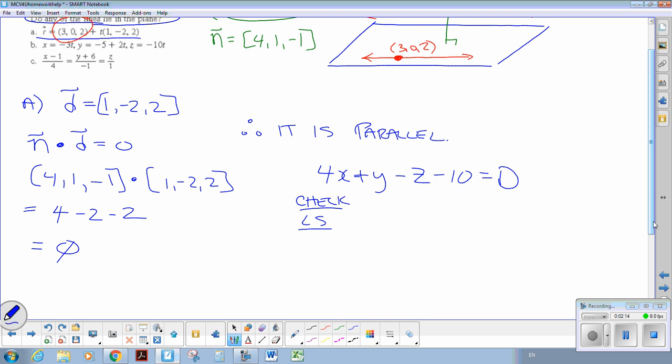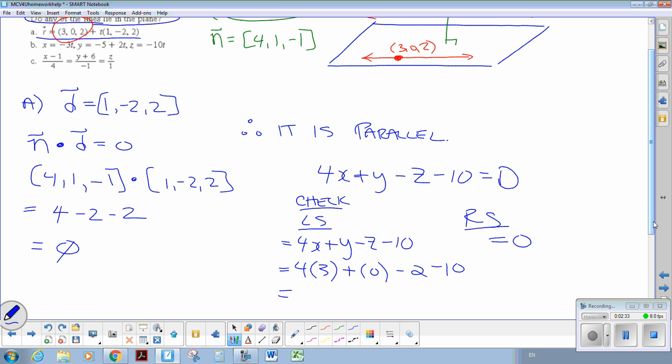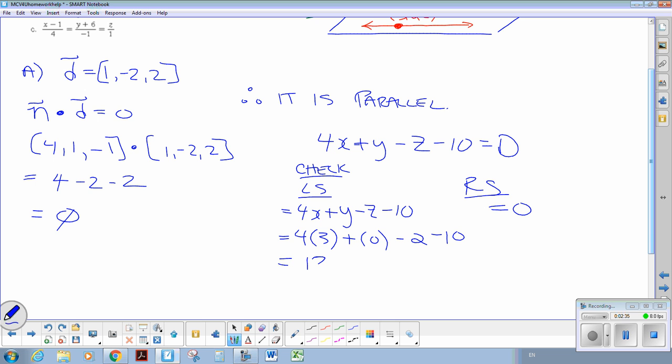My left side is 4x plus y minus z minus 10. My right side is equal to 0. Plugging in the coordinate, 12 plus 0 minus 2 minus 10, doing my calculation here, we would end up with 12 minus 2 minus 10, which is 0.